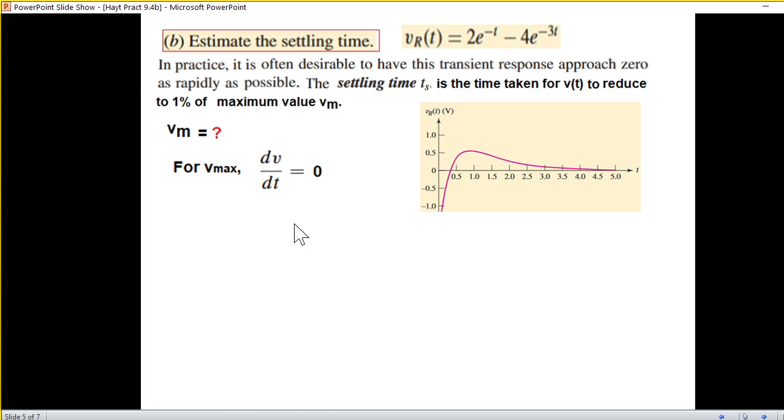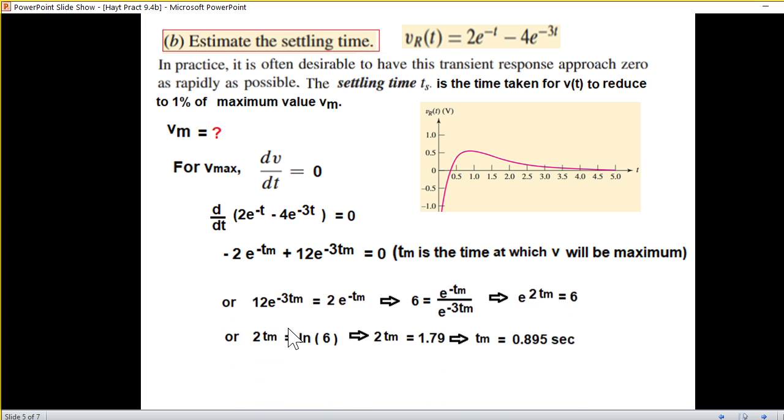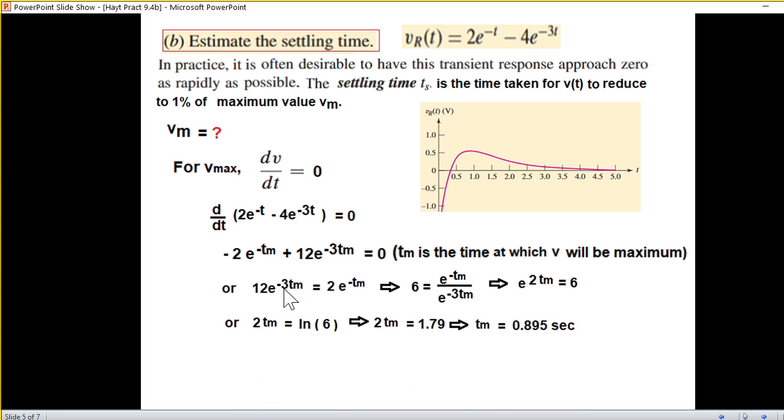We differentiate this signal, differentiating and equating with 0, and the time we are now calling Tm, because Tm is the time at which V will be maximum. From here you can just follow these steps. I am moving this and then this, and finally taking the log because it is a power of e. So the answer will be that t is 0.895.